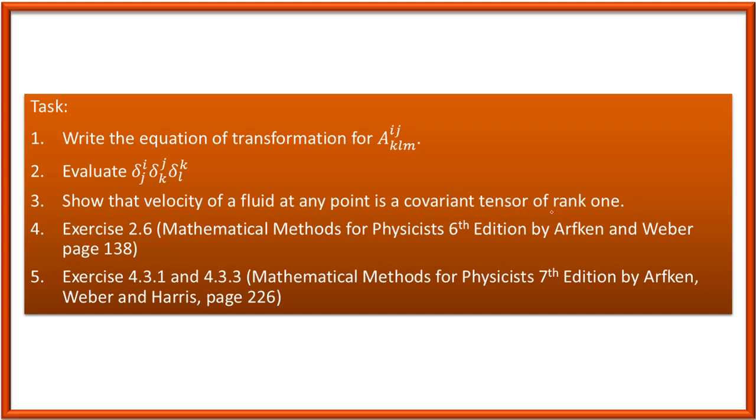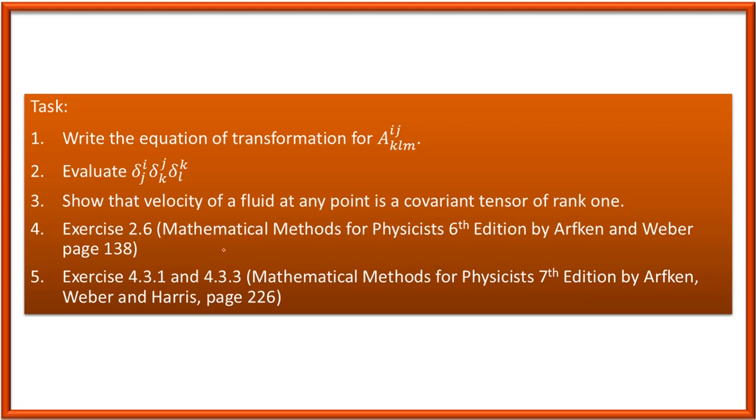You can find information on the velocity of a fluid at any point. Go for an internet search and find that velocity is a covariant tensor. I give you a hint: velocity actually varies the way a gradient varies, so it is a tensor of rank 1. Please find the equation for this and show it is a covariant tensor.